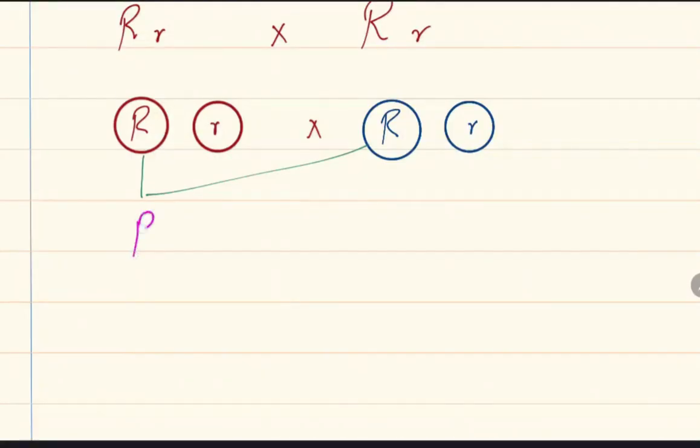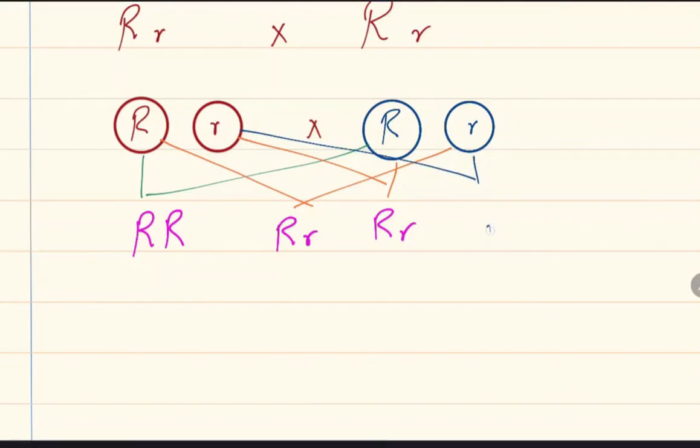The first with the first, R capital, R capital. That's going to be pink. The first with the second is going to be R capital, R small, also pink. The second with the first is going to be R capital, R small, also pink. And the last one, the small with the small, R small, R small, this is white.